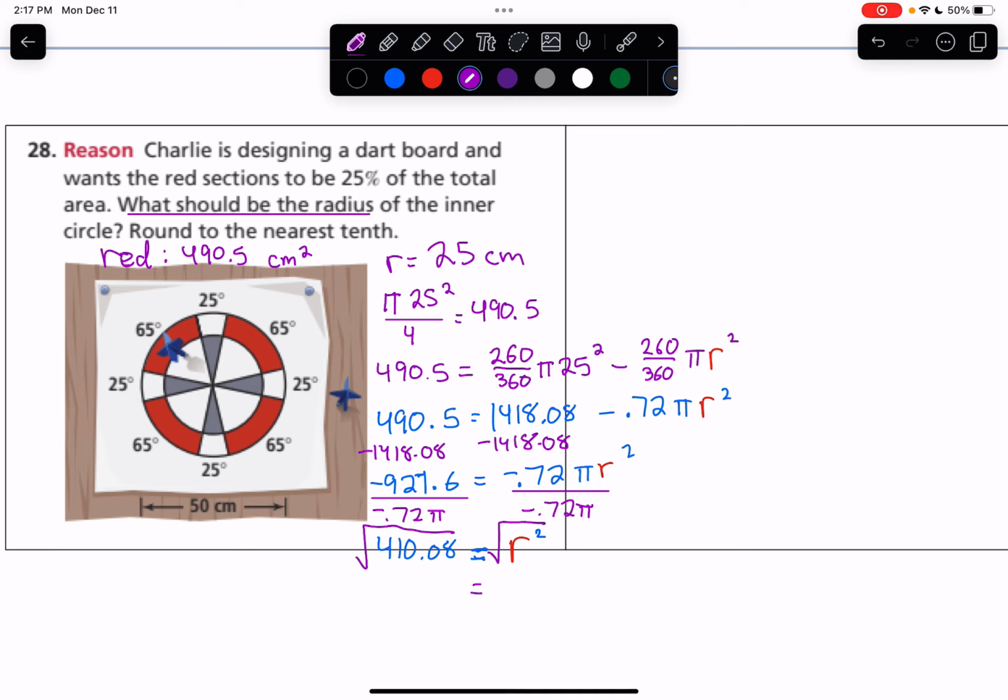And our radius, finally, is going to be 20.2. So the radius of the inner circle needs to be 20.2 in order for the red area on the dartboard to cover 25% of the total area of the circle.